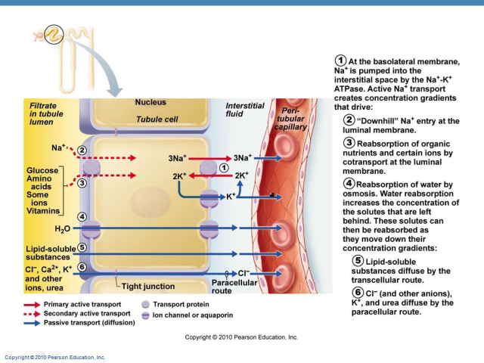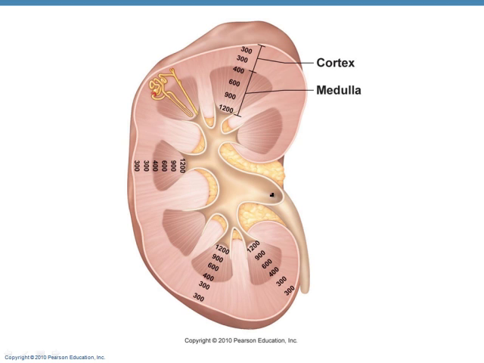And then we have the distal convoluted tubules. And what's going to happen in those guys? Again, a little fine-tuning. Fine-tuning with ions, sodium transport. We might even put some stuff back into the tubules that we sucked out.